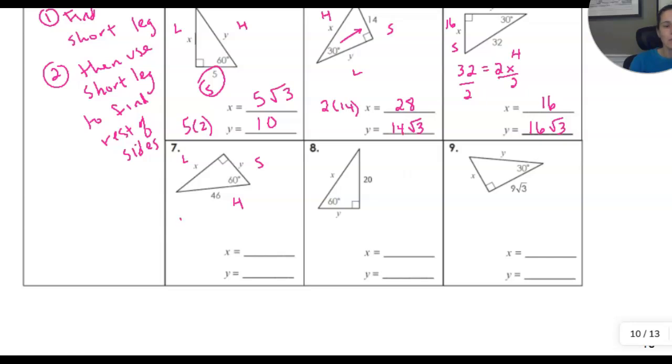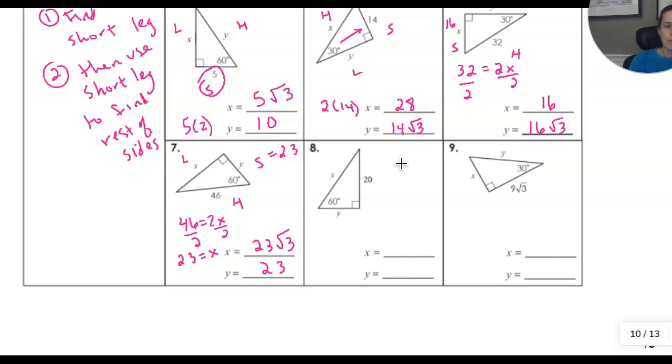So we would take that 46 and we would end up dividing it by 2 to get the short side. So that would get us 23. So the short leg in this case is y, so I'll write it down there. And we multiply it by radical 3 to get the long leg.